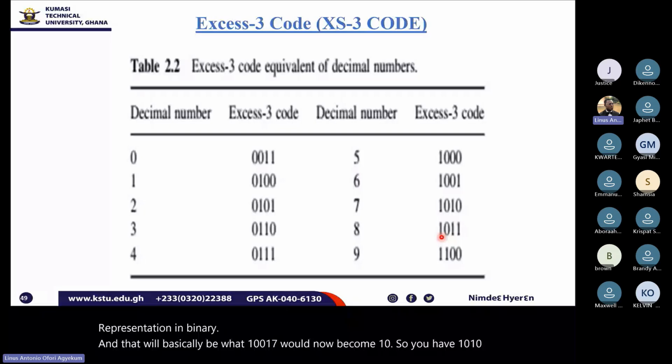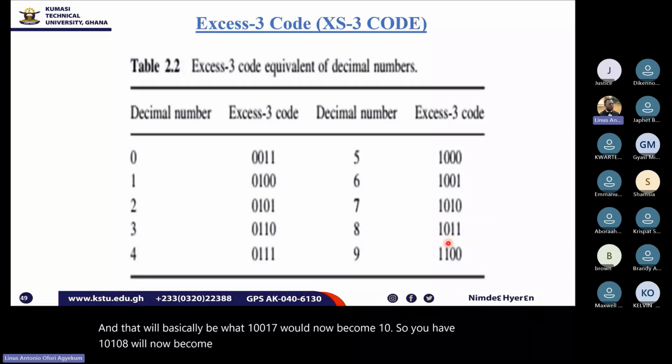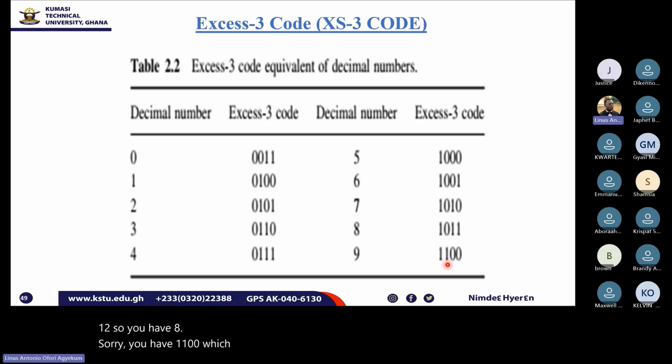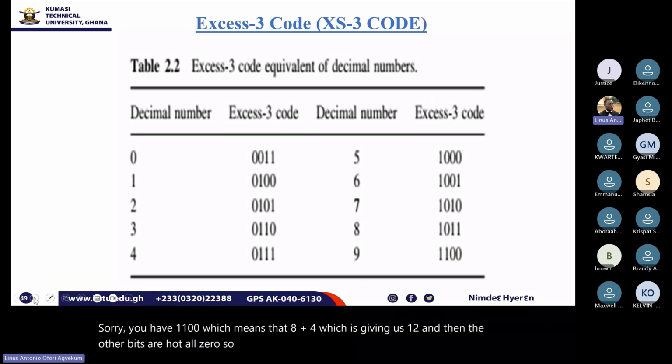So you have 1011. 9 would become 12. So you have 1100, which means that 8 plus 4 gives us 12, and the other bits are all 0. So basically, that is how the XS3 code of these equivalent decimal numbers are.